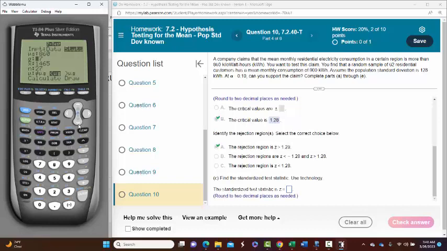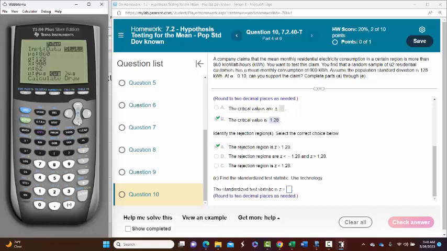Population standard deviation is 128. Sample mean is 900. And sample size, 62 residential customers.